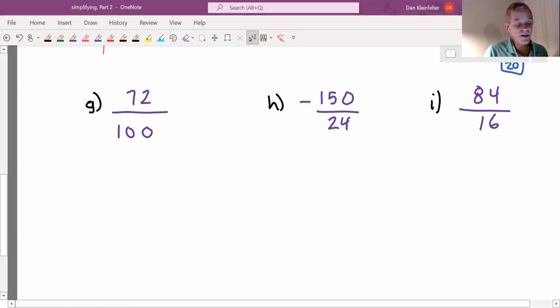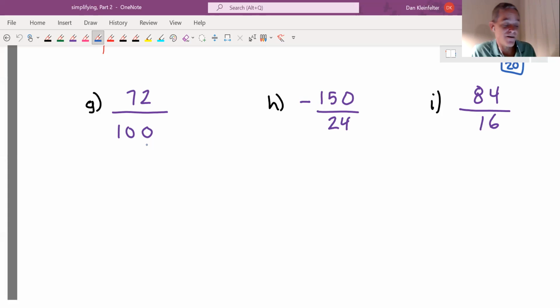All right, 72 and 100. So these numbers are a little bit bigger. That's okay. I can see that 72 and 100 are divisible by 2. And you think of some number bigger than 2 that will divide into both 72 and 100. Okay, hopefully 4. You realize 4 will divide into both, but if you didn't, that's okay.